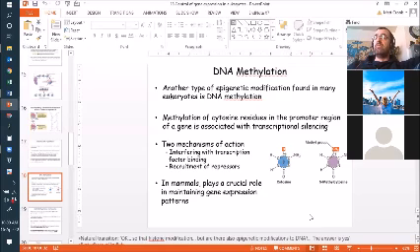She did like a summer research project or something like that. And DNA methylation is typically repressive, right? It will shut down gene expression, and it almost always occurs in the promoter region of a gene, right?